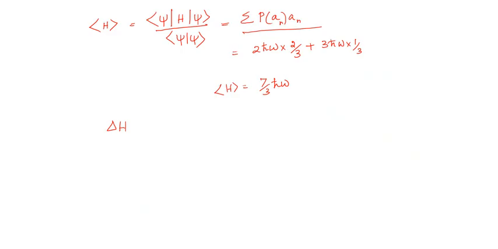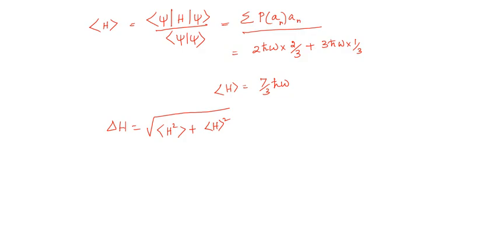Del h, you are having a formula. Just remember the formula: square root of the expectation value of h squared plus the square of the expectation value. See the difference? Square root of the expectation value of h squared plus the square of the expectation value.